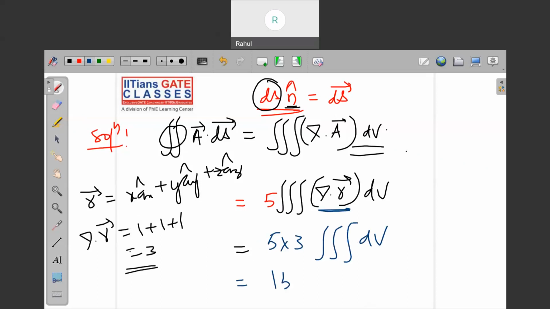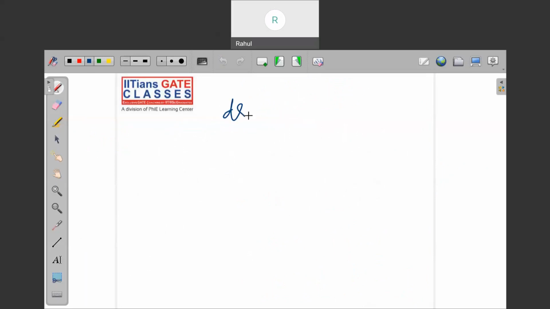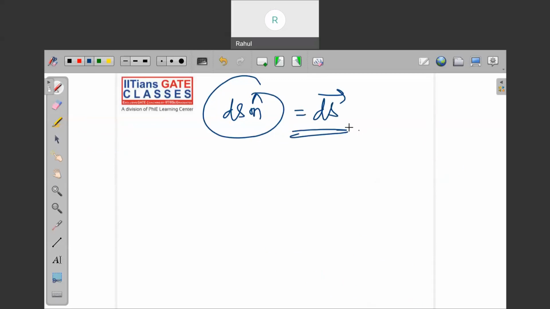So this is 15 V, where capital V is the volume. This is your answer. How easy this question is! You need to understand the meaning of dS n cap, which is basically dS vector. And the moment you see the question, you must be able to realize which concept to apply, so that you can solve any kind of question.